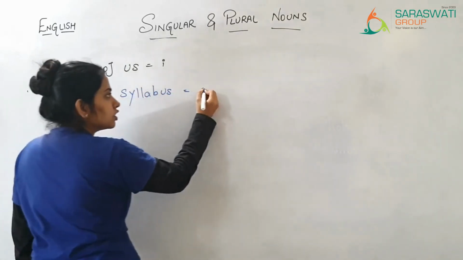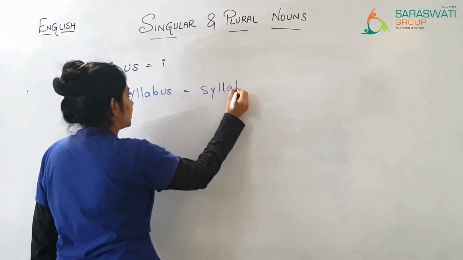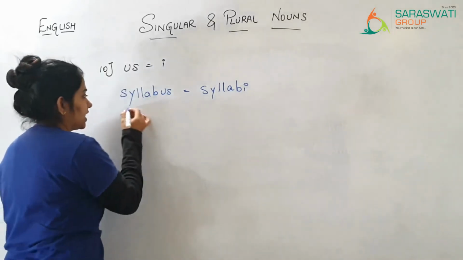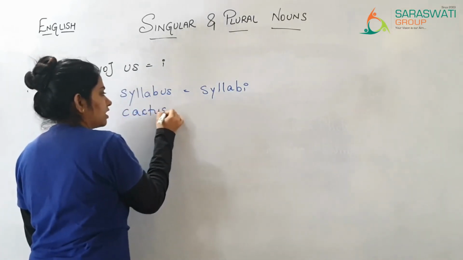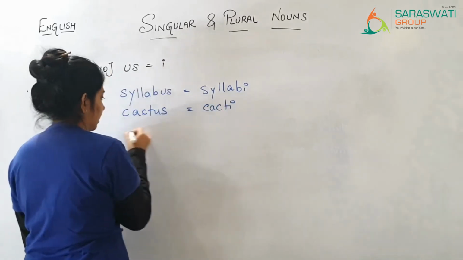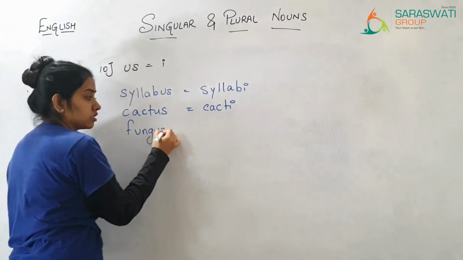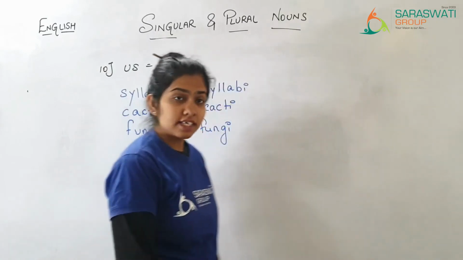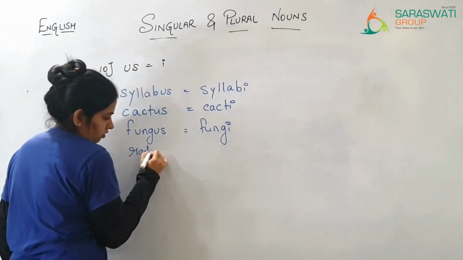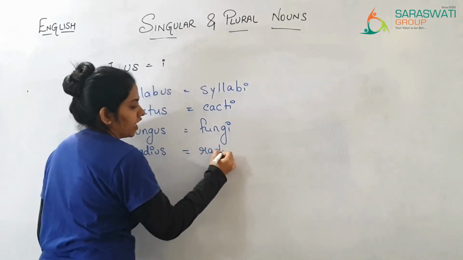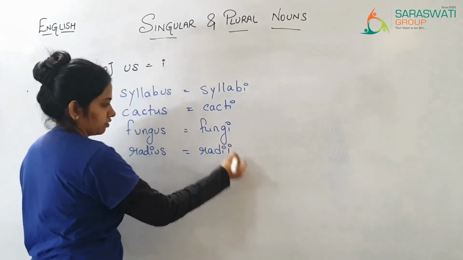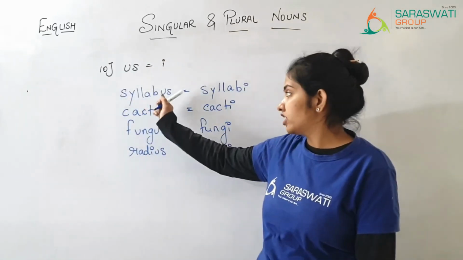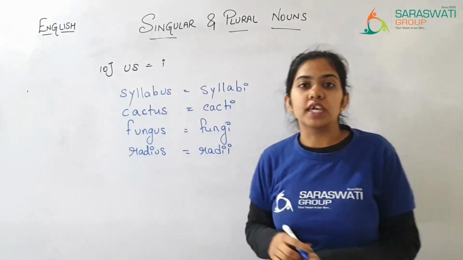Now if I cut this US and write I, that becomes the plural one. Cactus, cacti. Fungus, fungi. Radius, then it is radii, right? So this is our rule number 10. When it is ending with US, cut this and write I to make it plural.